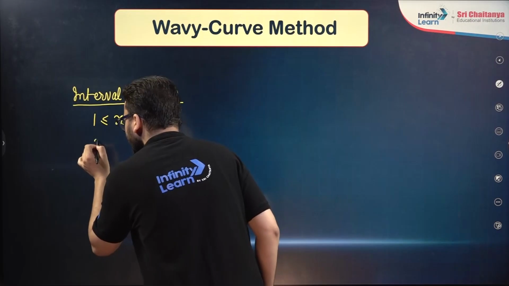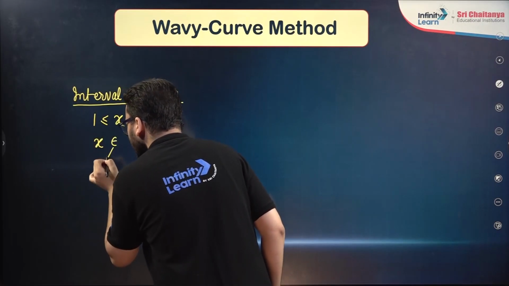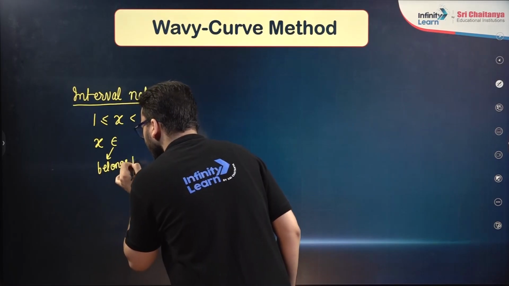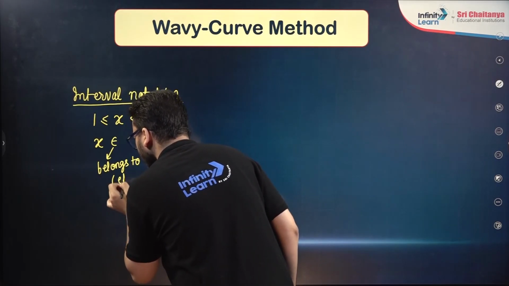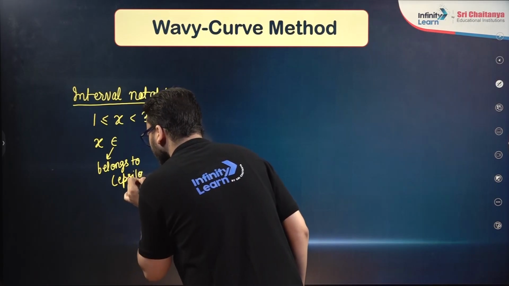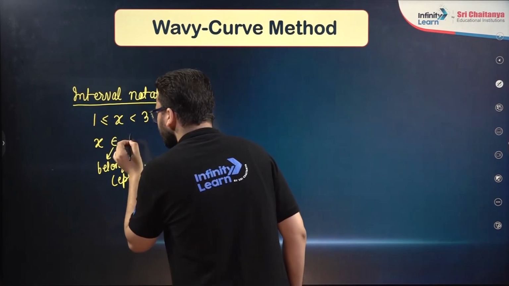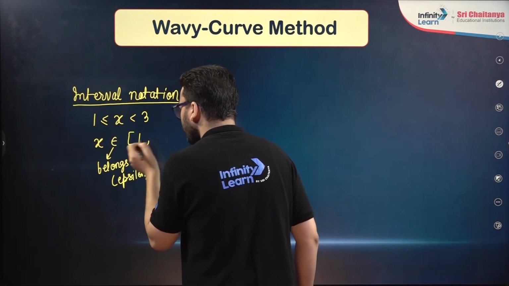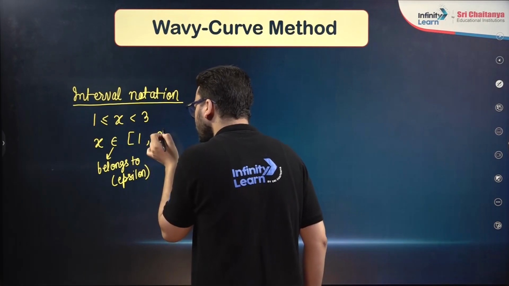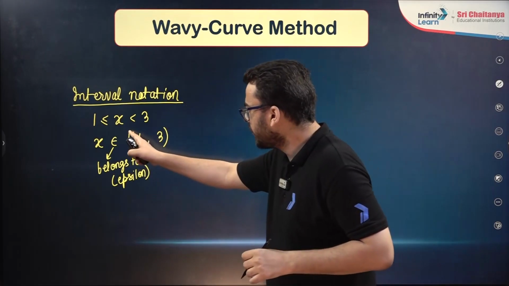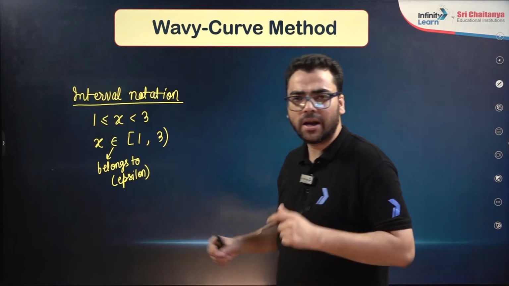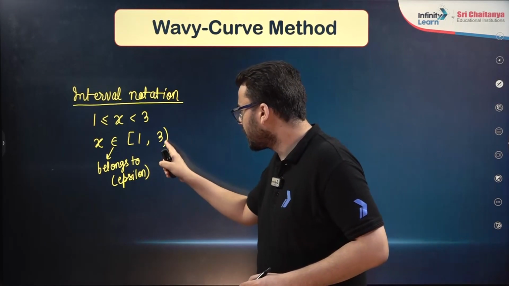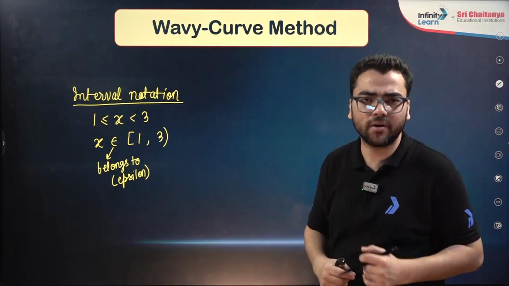We can say x belongs to, this symbol stands for belongs to, it is the Greek letter epsilon, closed interval 1 to open interval 3. Whenever you use a square bracket, it means you are including the boundary value, and when you use a round bracket, it means you are excluding the boundary value.